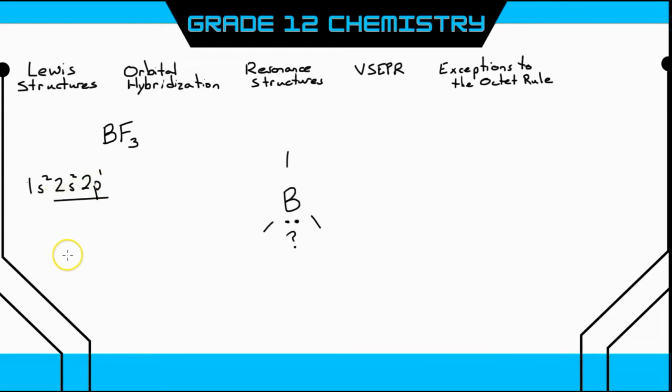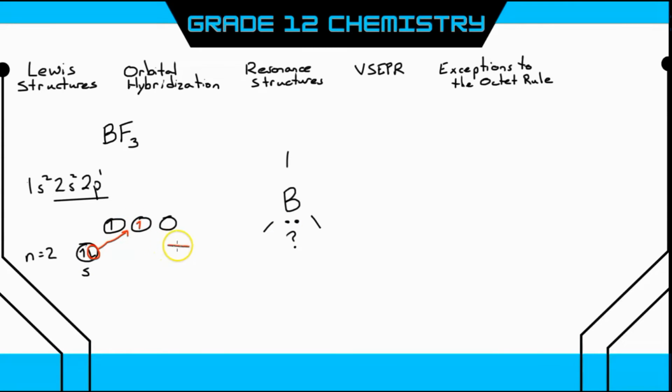And let's draw that out here. So we have our n equals 2. We have our s orbital with 2 electrons. And then we have our p orbitals where only one of them has an electron. So what it's going to do, it's going to promote this electron over here.